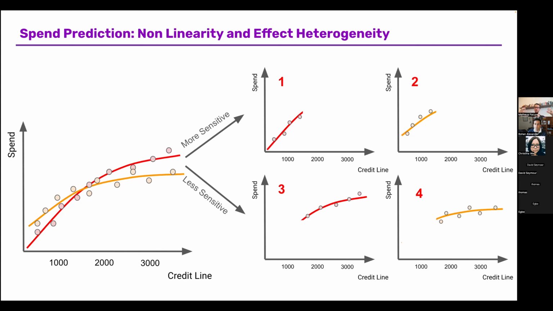But once you do that, you just equate one with the other, and it will magically give you an optimal line. So this is, again, a very broad simplification of the problem, but this is how a problem of optimizing credit lines might be designed.